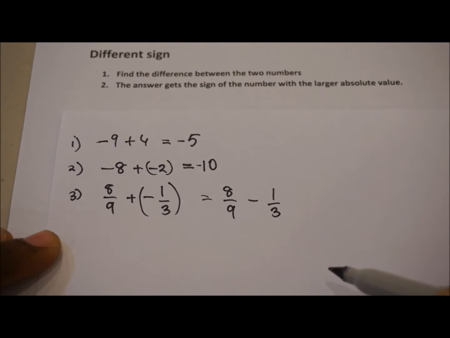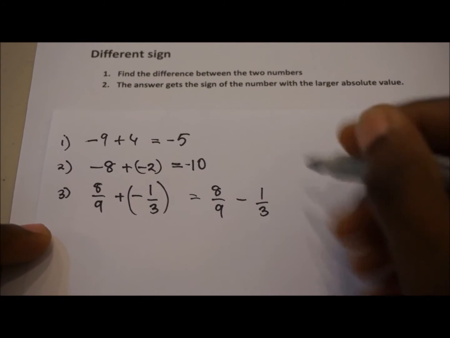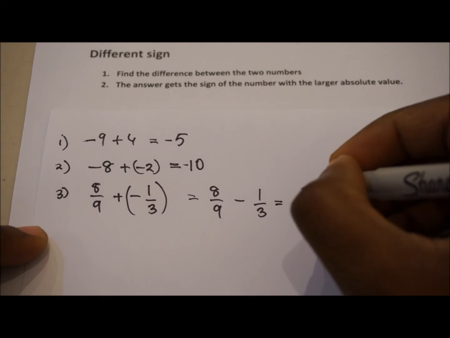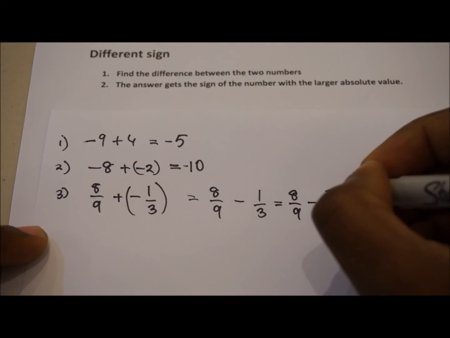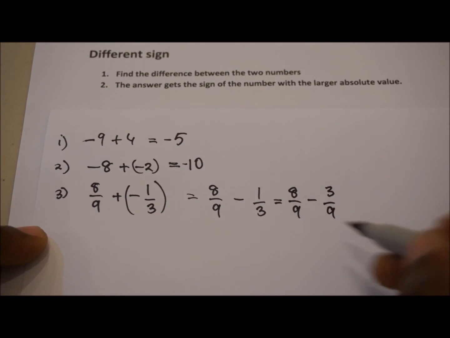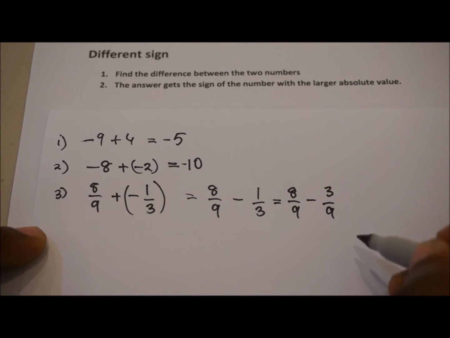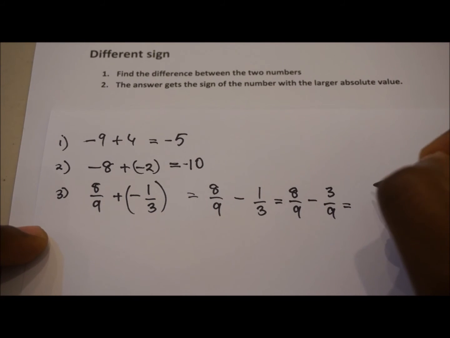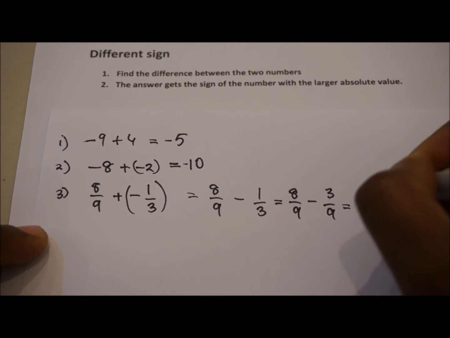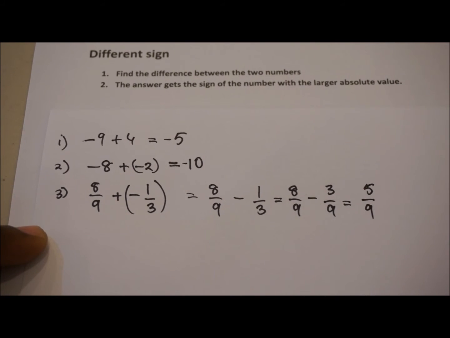And we use our rules that we know for subtraction of fractions. We need a common denominator, as we know. 8 over 9 minus 3 over 9. Since the numbers have a common denominator now, I can go ahead and subtract. 8 minus 3, that gives me 5 over 9.